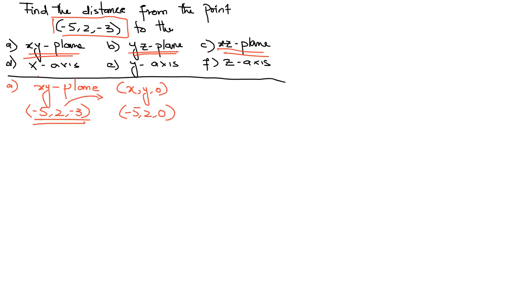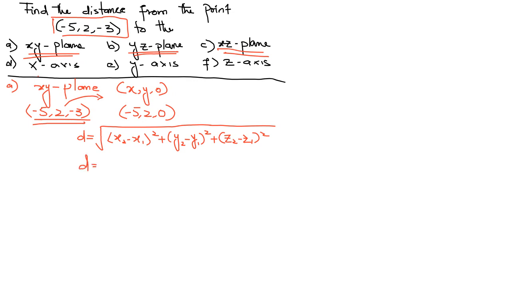So how can we find the distance? We know the distance formula is the square root of x2 minus x1 whole square plus y2 minus y1 whole square plus z2 minus z1 whole square. Substitute the values. What is x2? x2 is -5.